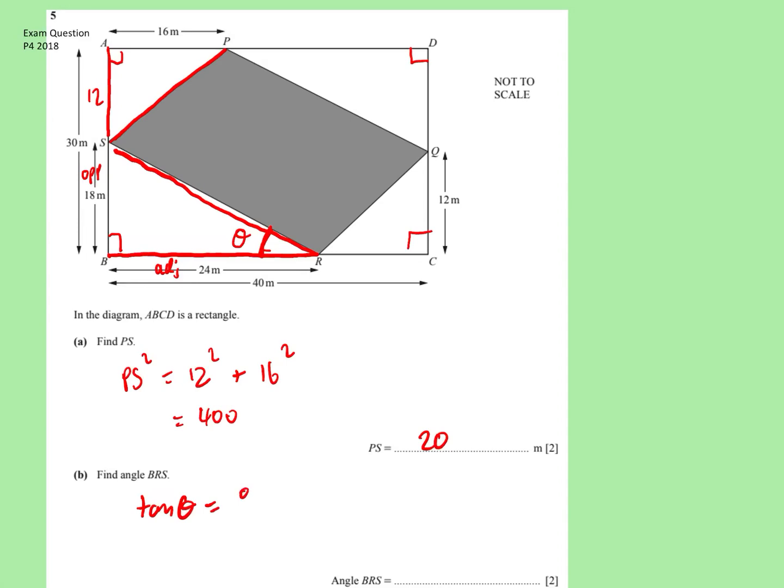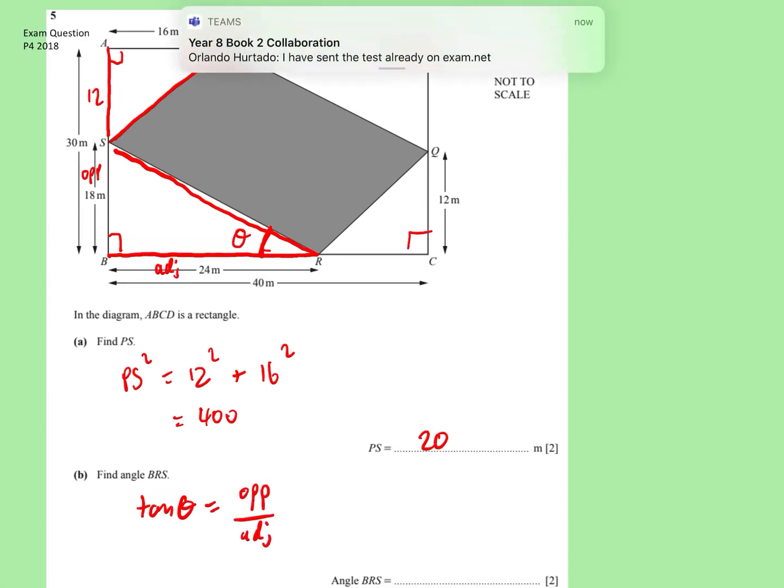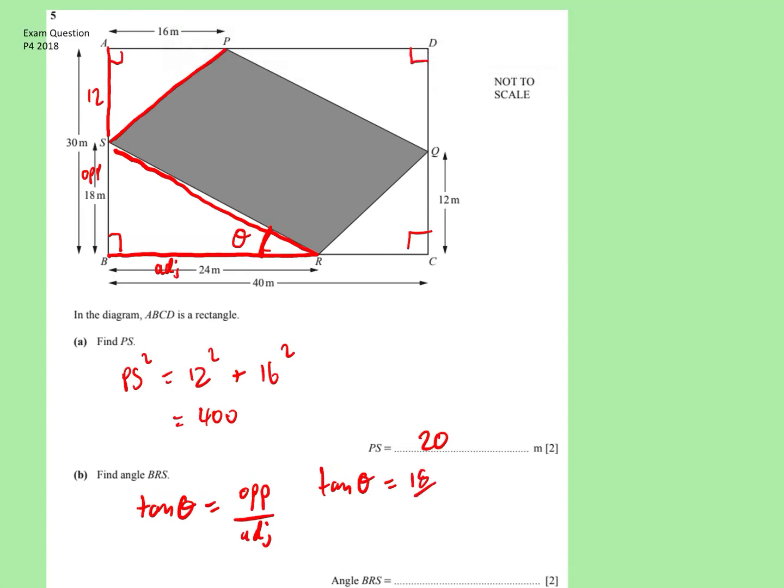Tan of your angle is equal to your opposite over your adjacent. I'm writing down those formulas again. So tan of your angle is equal to 18 over 24. Theta is equal to tan to the minus 1 of 18 over 24.